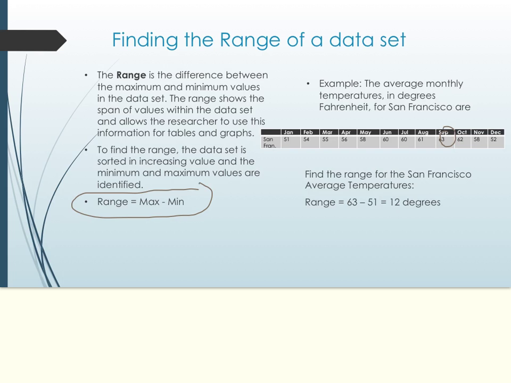And the minimum temperature was found in January at 51. So to find the range, we just take 63 minus 51, and we get a span of 12 degrees over the 12 months. Interesting.